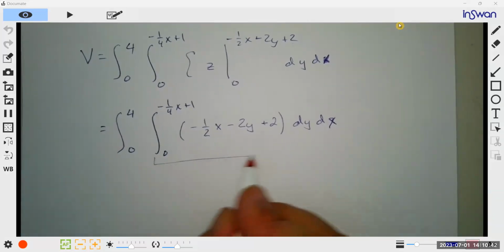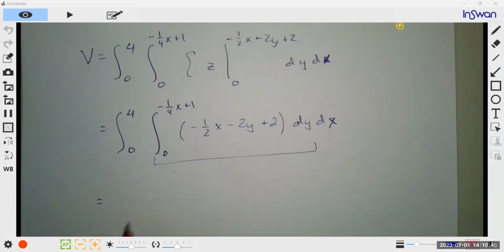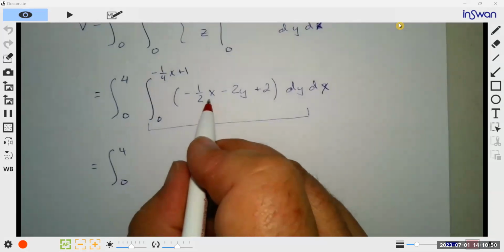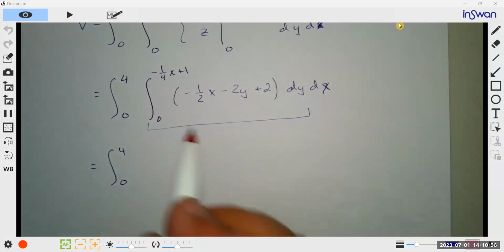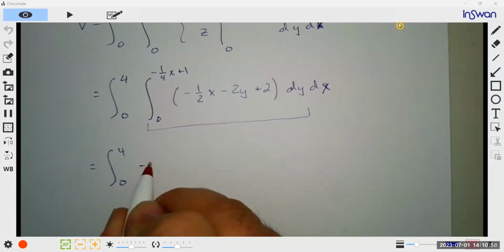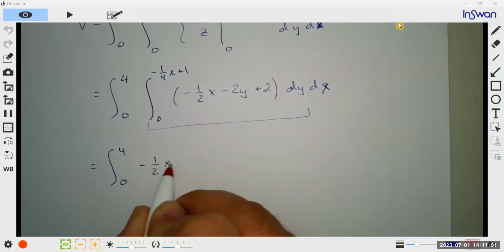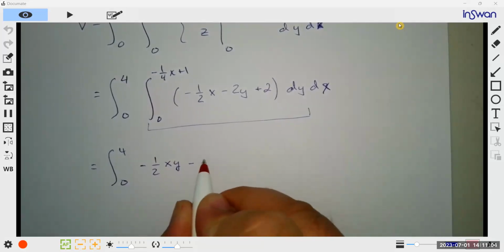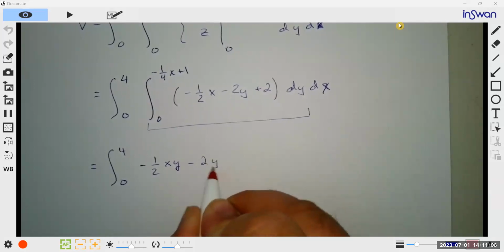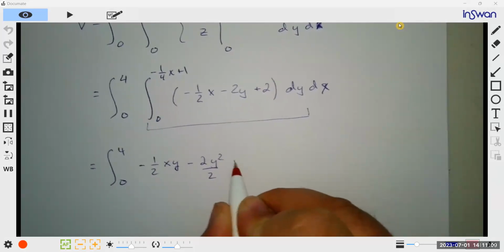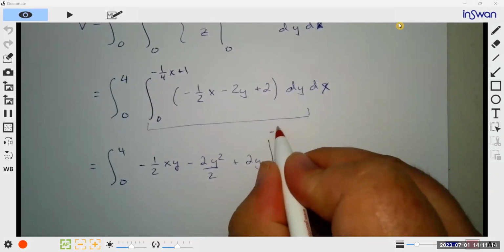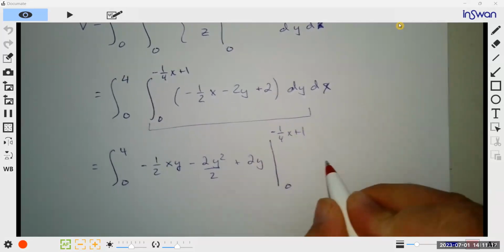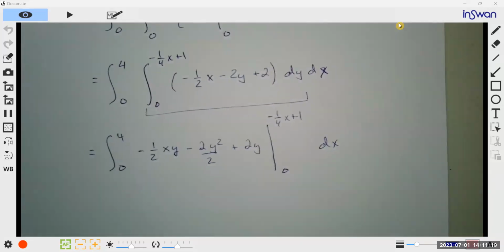All right, now we take the integral with respect to y. So the integral of -1/2 x with respect to y becomes -1/2 xy, minus 2y squared over 2, plus 2y, from 0 to negative 1/4 x plus 1, dx.